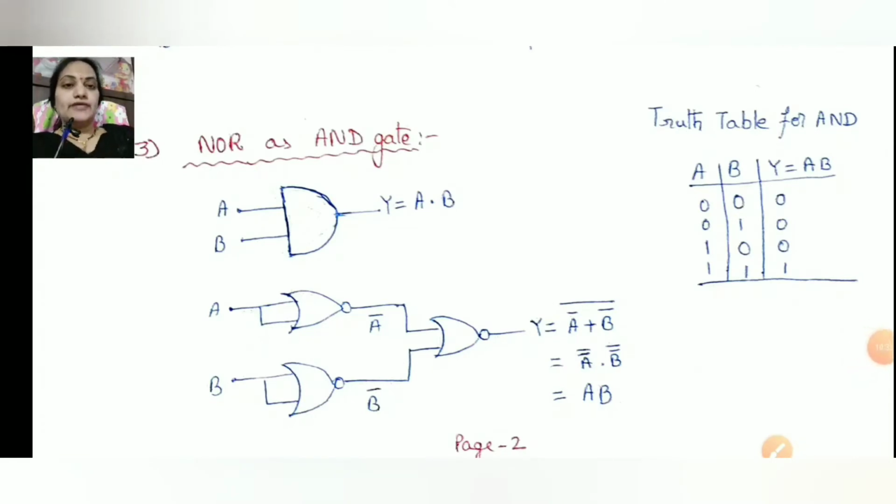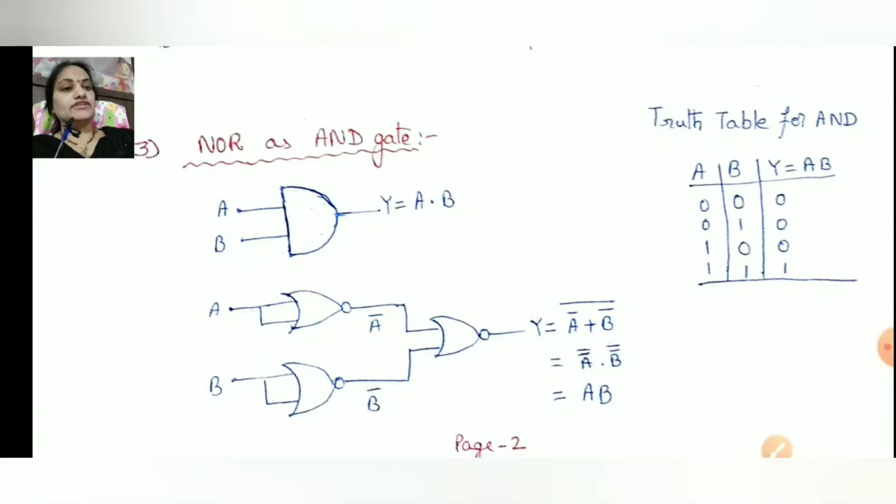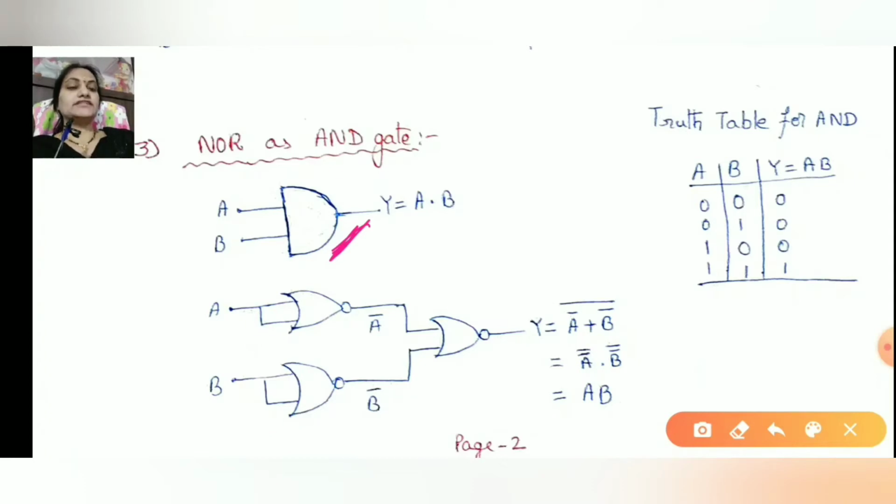Now we have to verify the AND gate operation by using NOR gates. This is the AND gate, and the output of the AND gate is the product of its inputs. Here you can find A and B are the inputs.